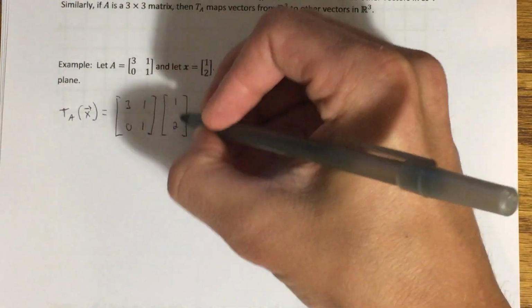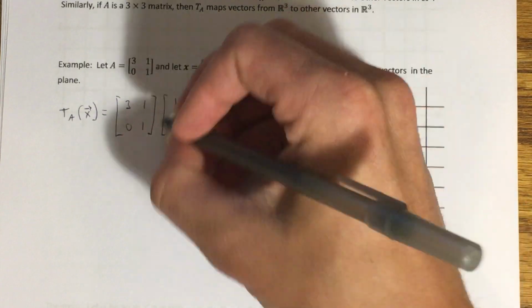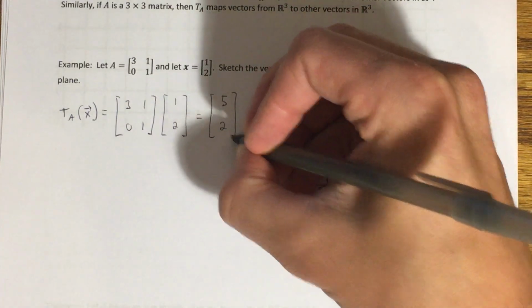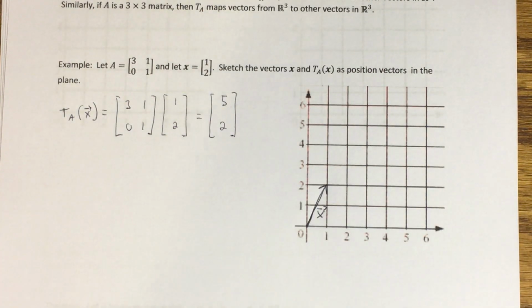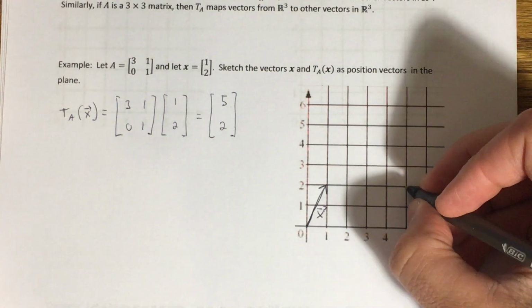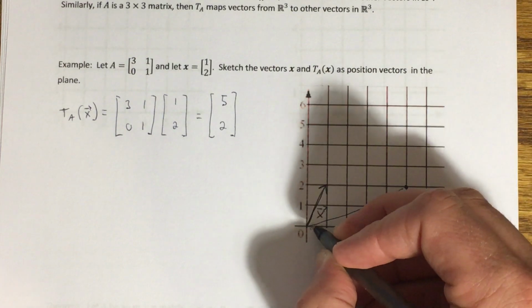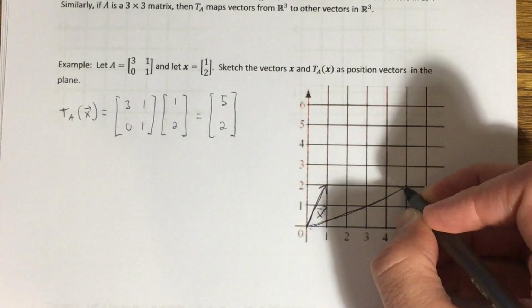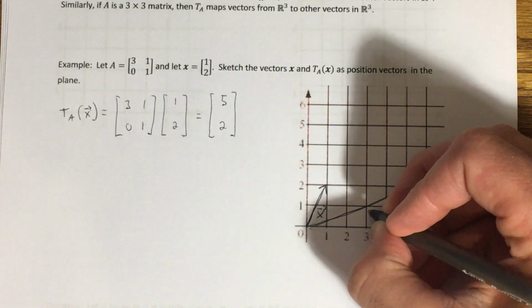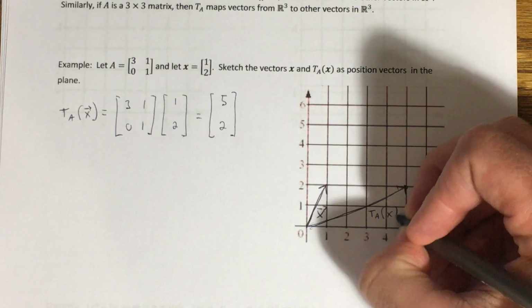Well, that's going to be 3 plus 2, which is 5. And then I get 2 down here. Horizontal component is 5, vertical component is 2. So here's 5, 2. It gives me this vector, kind of like that. Okay, so that is T_A of x.